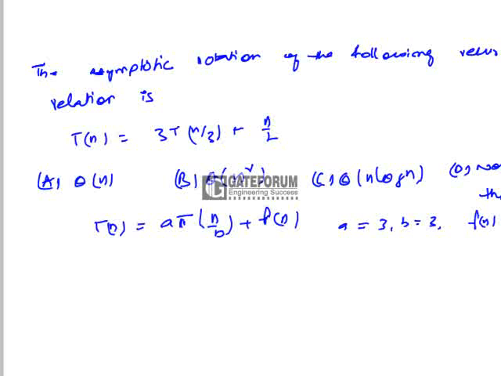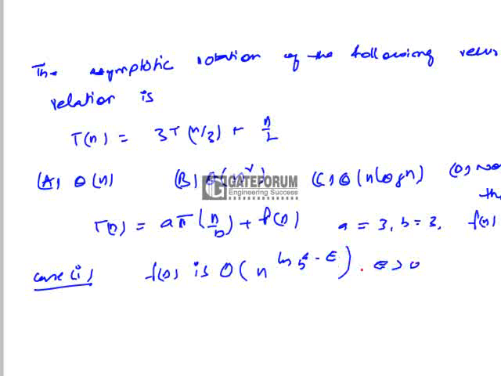If we take case 1, we check if f(n) is order of n^(log a to the base b minus epsilon), where epsilon should be greater than 0. If this condition is satisfied, then T(n) is theta of n^(log a to the base b).